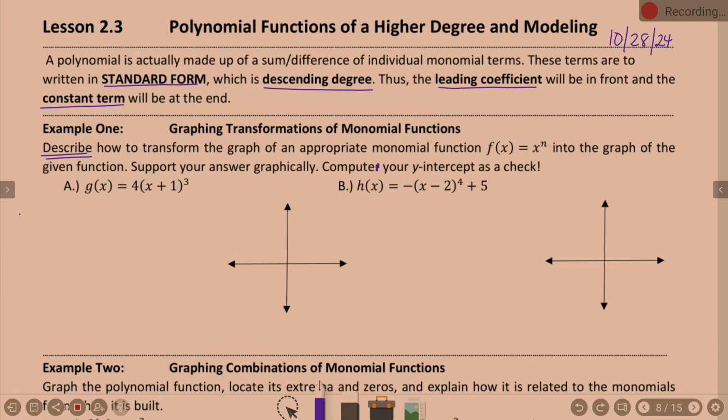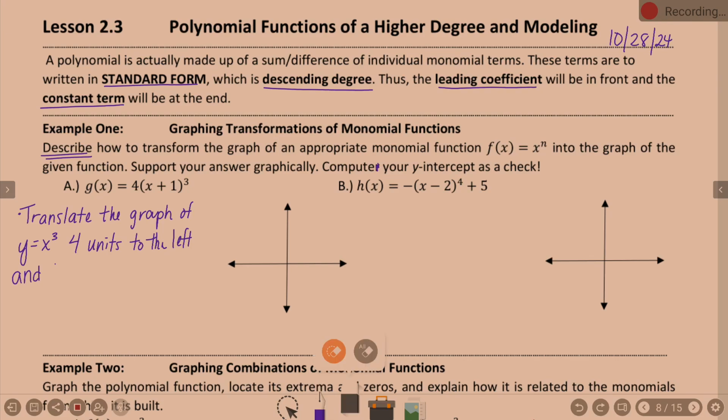I'm going to put that in this little open area here. Translate the graph of y equals x cubed, 4 units to the left. No. 1 unit left.